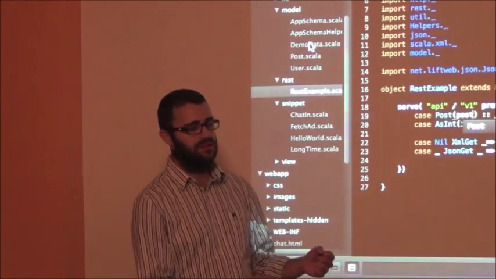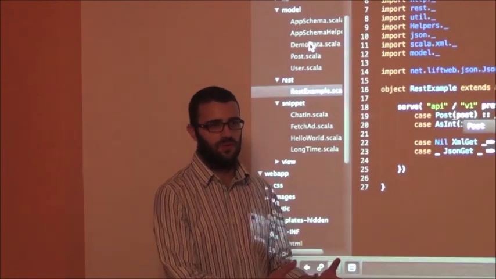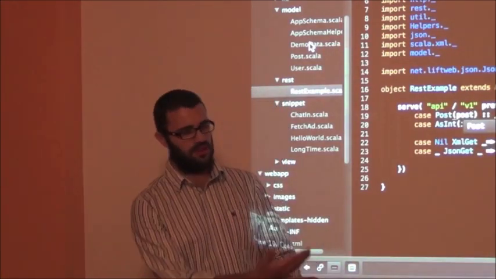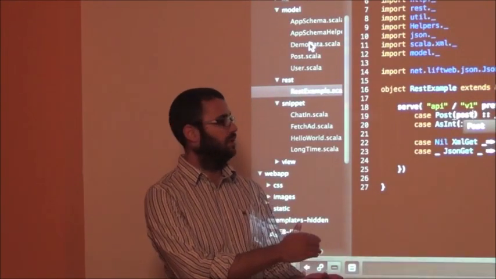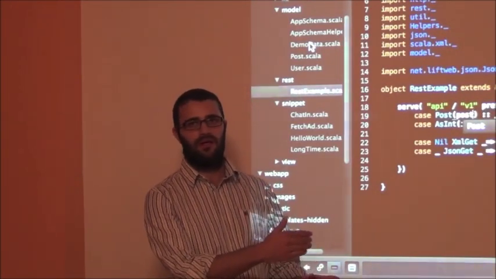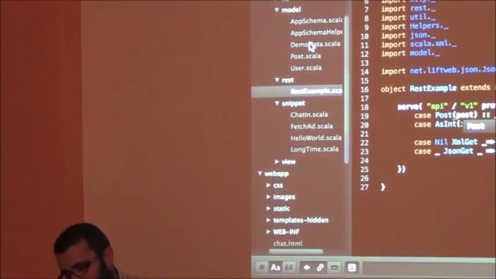With Lift, it's always kept as state on the JVM, because it's stateful. So when you go from one page to another, Lift knows about the previous page, because you use this global unique identifier, and you always know what page you are at. So I can show this.